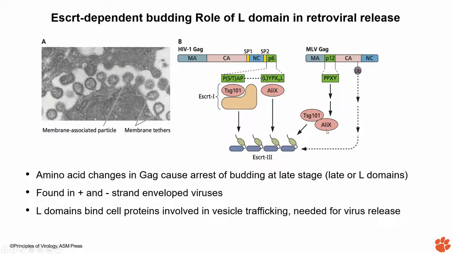You can see that right here. These complexes then act as an adapter for the ESCRT, adding to ESCRT-III, and basically they are all destined towards the membrane where they need to bud.